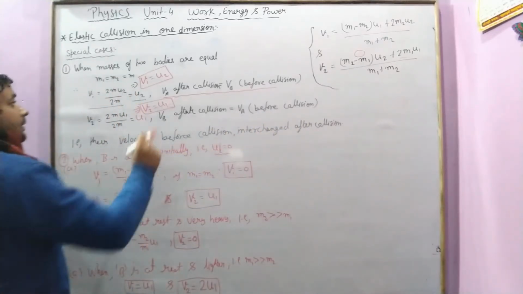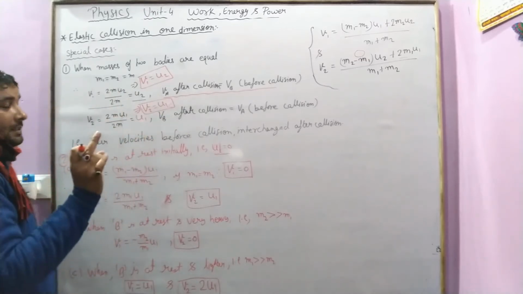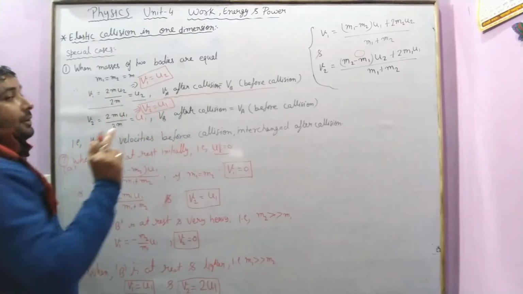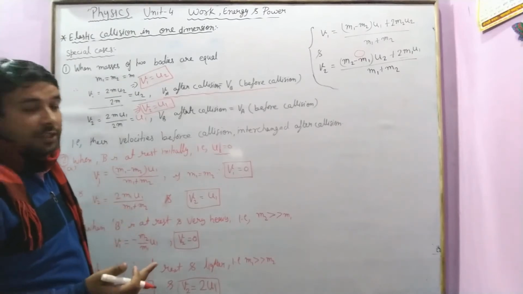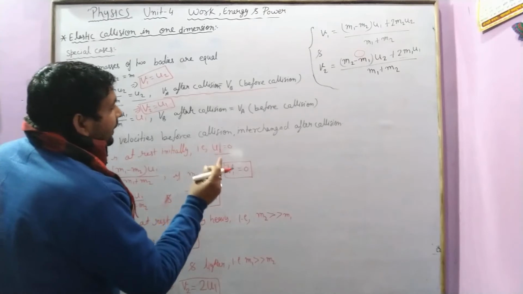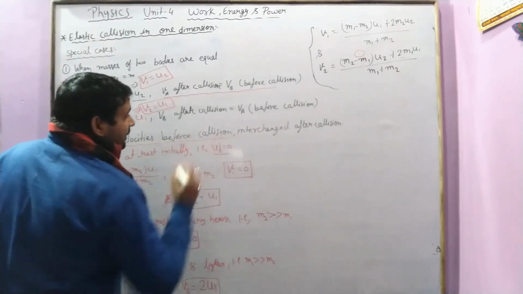Which means that if the bodies have the same masses, then the velocities of A and B before collision interchange with the velocities of A and B after collision. This is the result.